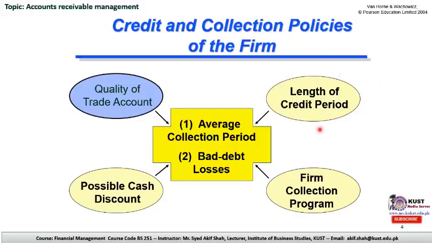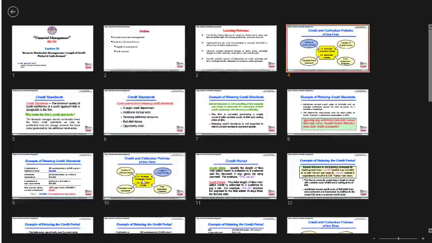If the profitability is greater than the cost involved while changing the length of credit period, then we'll go with the new change or altered policy, because the total or additional profitability is quite greater than the cost associated with that change. So let's go ahead and discuss this policy in detail.